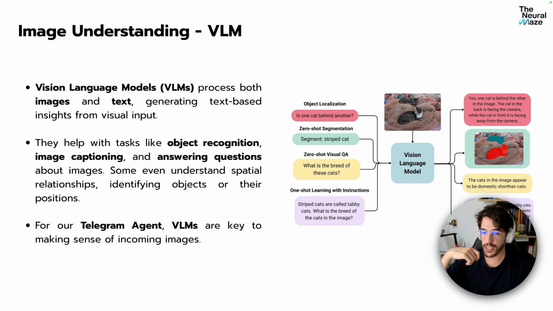Suppose I want to tell Karen, my Telegram bot, what I'm doing right now, for example the dinner I'm about to cook in 5 to 10 minutes. I could just take a picture with my mobile phone and send it to Karen. But how is the Telegram bot going to make sense of this image? Well, we need a VLM.